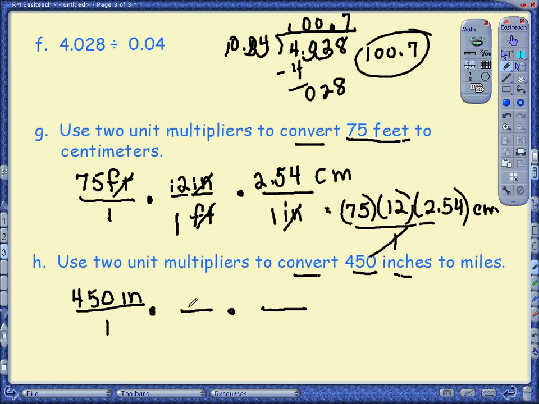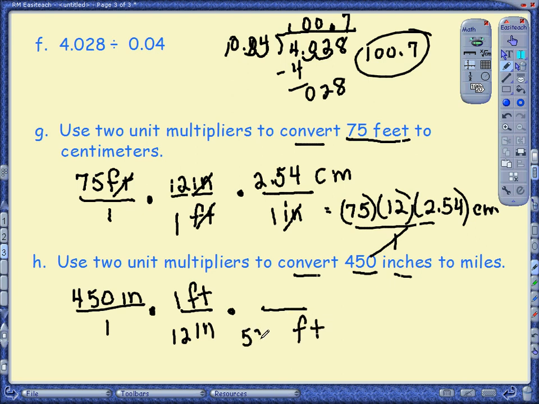We want to make 2 fraction lines. Immediately we put this unit, inches, in the bottom because we want to go to miles. So we remember that 12 inches, that number has to go right by the inches, equals 1 foot. Now we can cancel out the inches. We don't want feet either, so that has to go in the bottom.